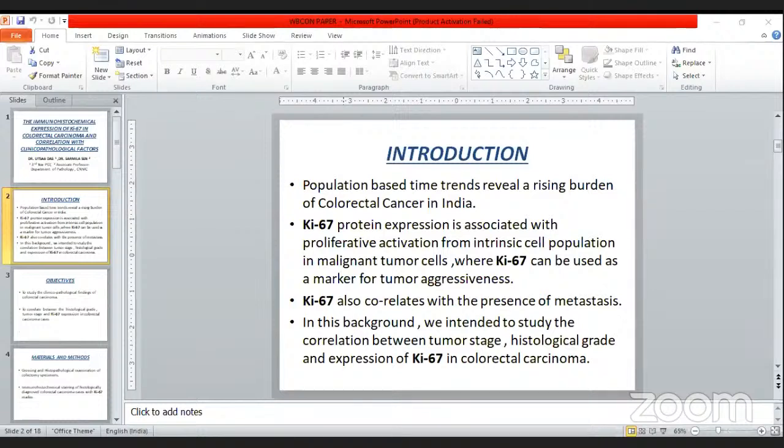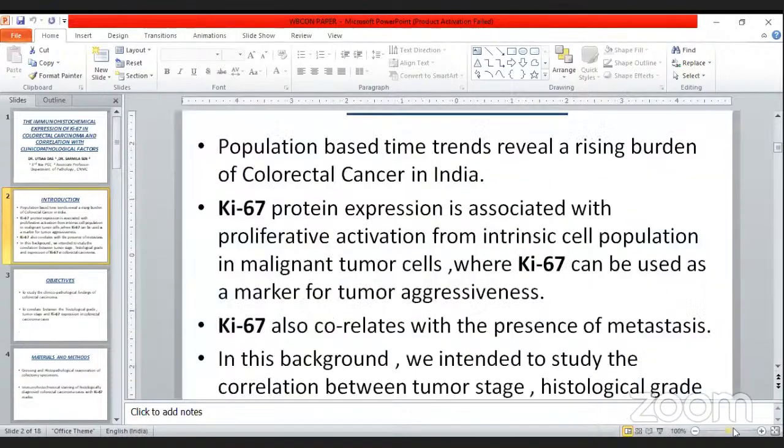Continue. Yes, it is visible. Move to next slide.